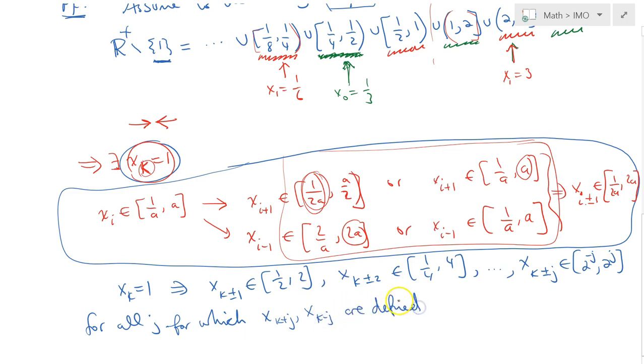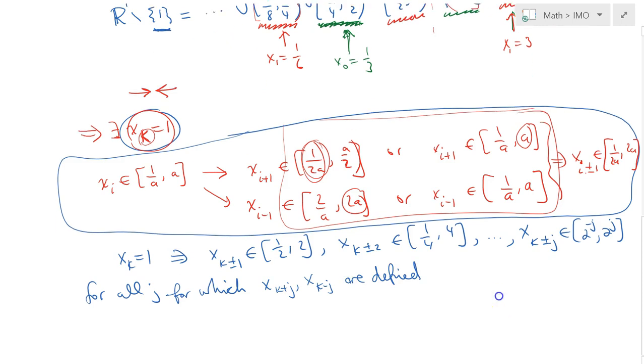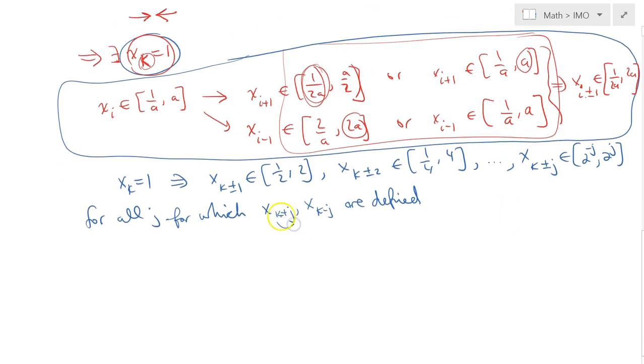And in this particular case, what I mean is that for the indexes, for instance for k plus j, we need to ensure that k plus j does not exceed 1995, i.e. k plus j is less than or equal to 1995, and also k minus j is greater than or equal to 0.